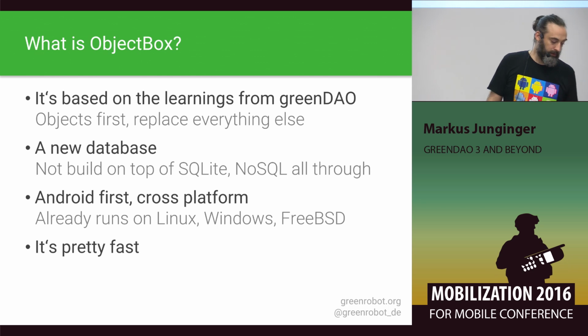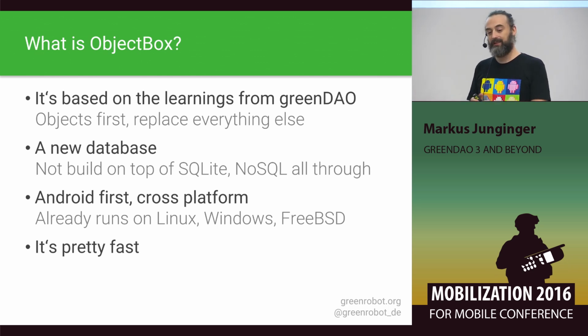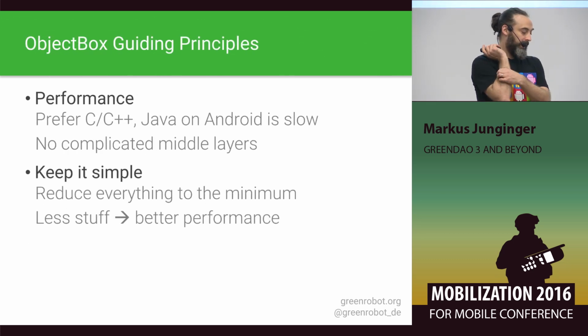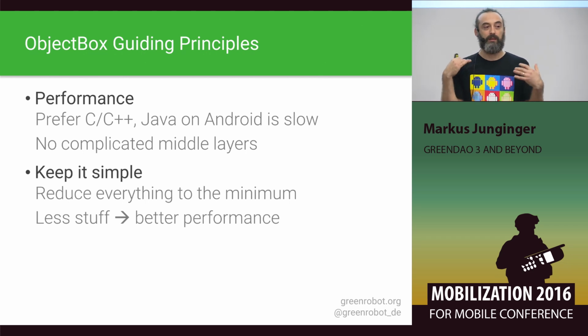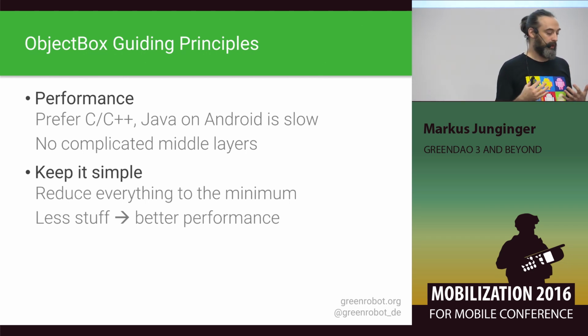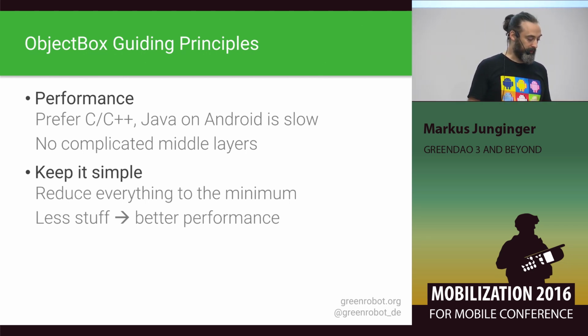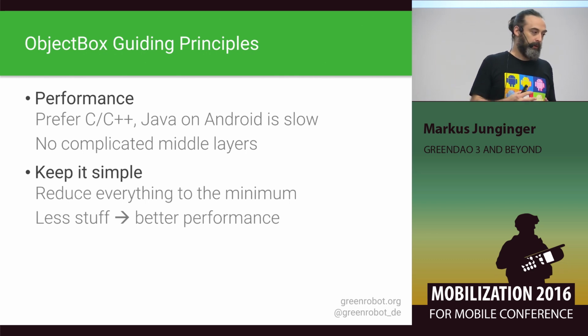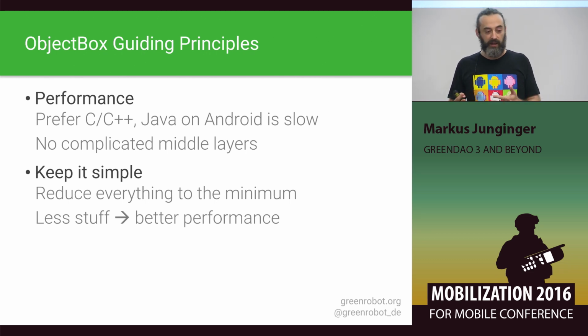Yeah, and the major reason why we did it: it's fast. It's really fast. That's the main objective, the main focus is really performance. So we do a lot of stuff in C or C++ here, because Android is not the best VM we know.